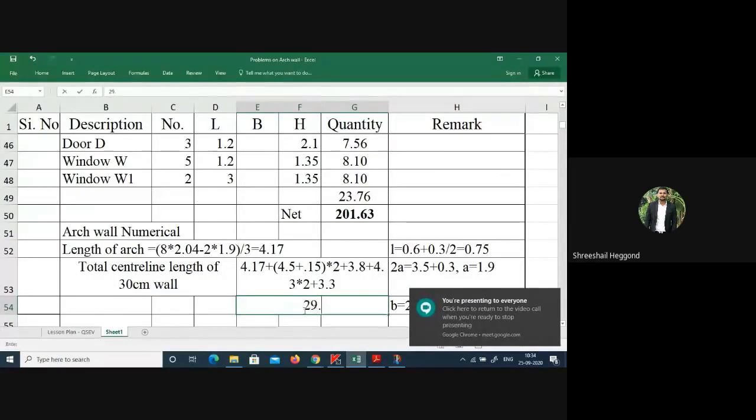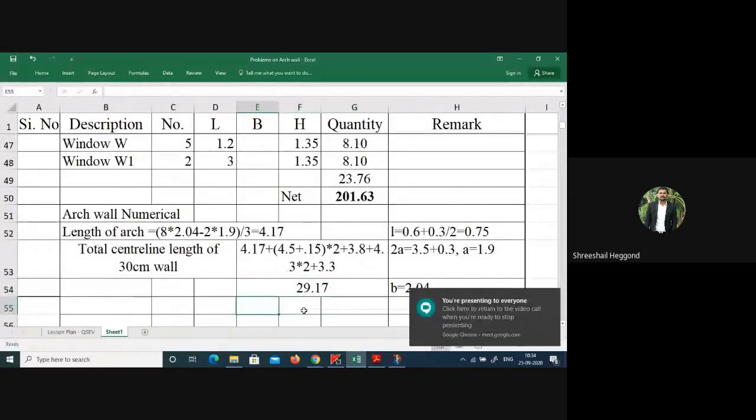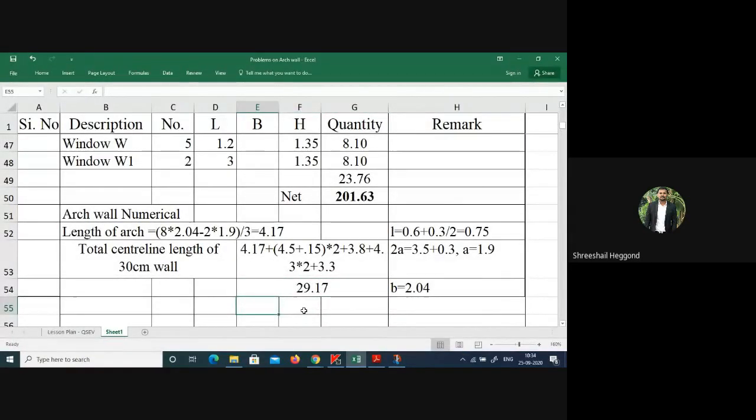It is 29.17 for the 30 centimeter wall thickness. This is all the calculation part, and this is the length calculation.